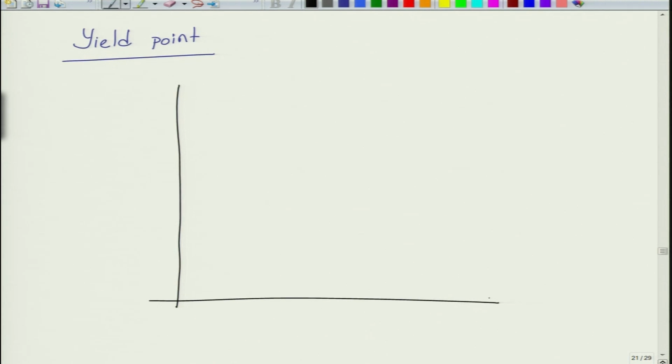Now, finally, we will come to one more point that we have not discussed yet, which is the yield point criteria. So, how do you determine the yield point in these materials? Generally what you see is that in certain materials the transition from elastic to plastic region is very fuzzy.